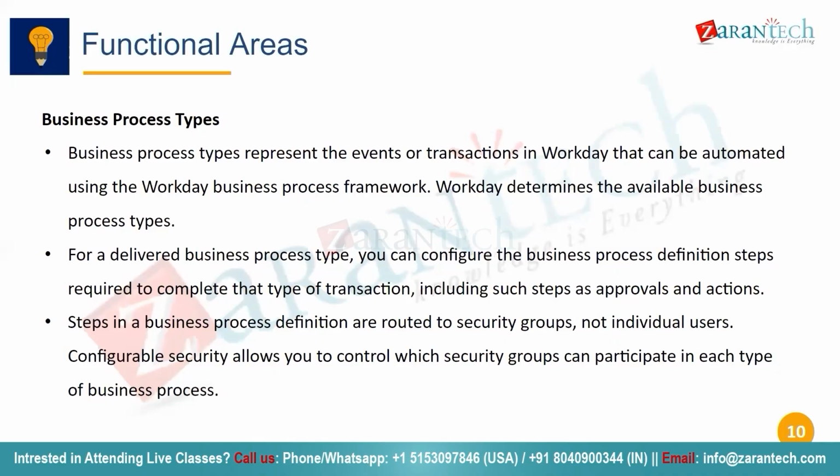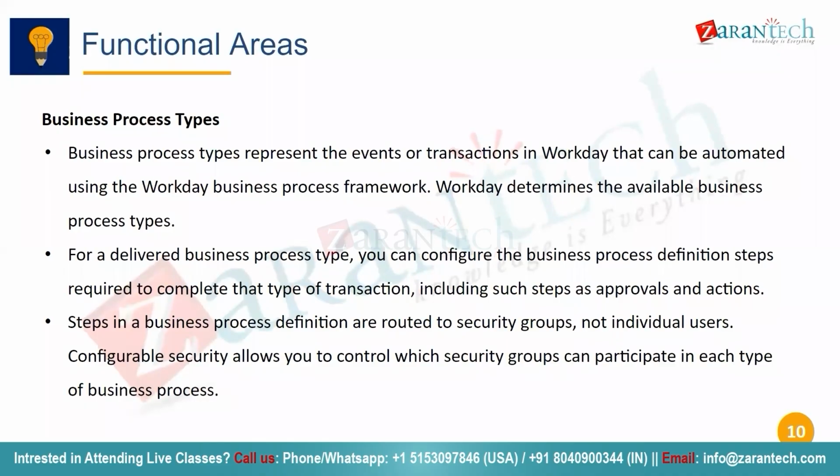In a business process, we are also giving certain approvals, or we are providing certain kinds of access, such as approve, deny, rescind or delegation via a security group. Let's say when the HR business partner performs any kind of hiring action, it will route it for approval.